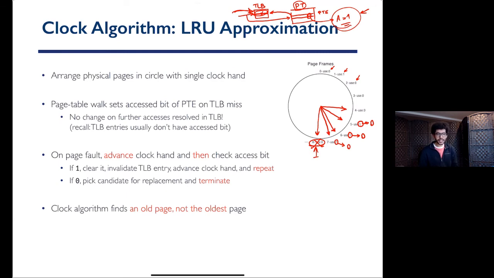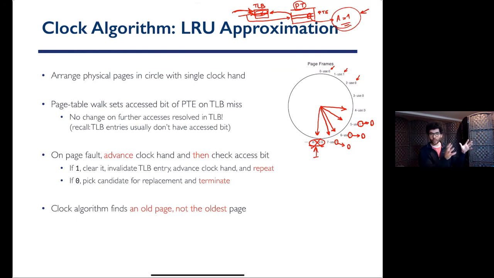Now, this obviously is an approximation of LRU. We're not really implementing LRU exactly, right? It's kind of like we're dividing our pages into 2 groups. One group has been accessed in the previous window of time that we checked, and the other group is a group that I haven't accessed in a while.